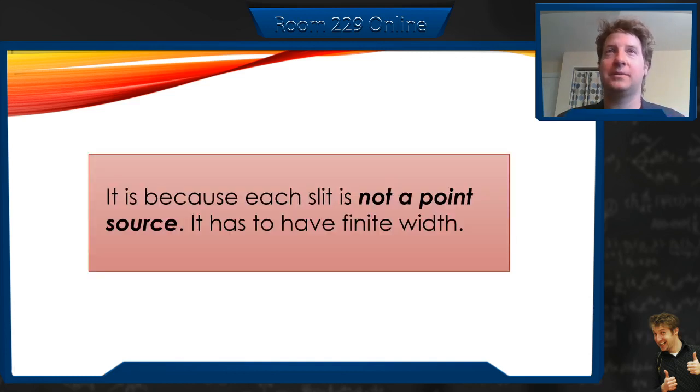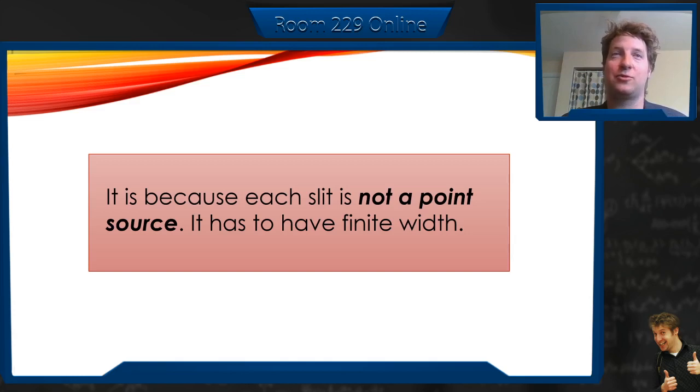Now, why does this happen? The reason is that the source itself is not a point source. We cannot produce light from a zero-dimensional point. It has to have some sort of width, whether it's one-dimensional or two-dimensional.